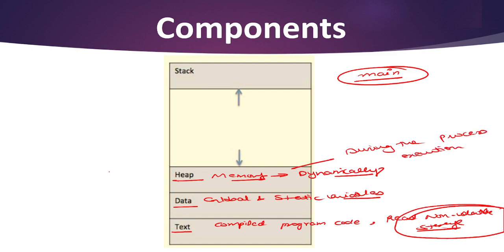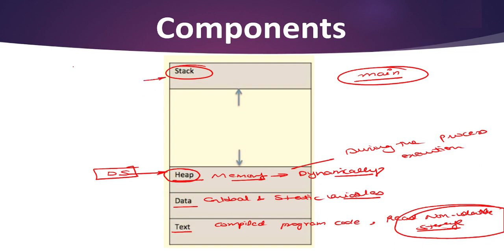If you see my data structure video, we have one important type of data structure, that is heap and stack. So heap is basically a memory that is dynamically, meaning changeably, allocated to a process during its execution. Now next point we have is stack.